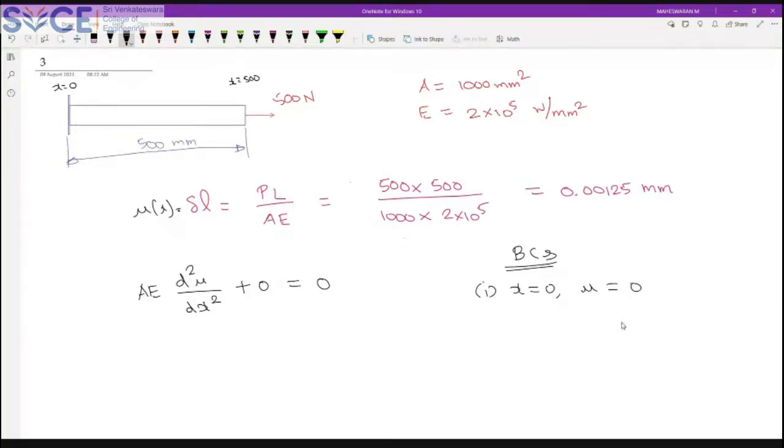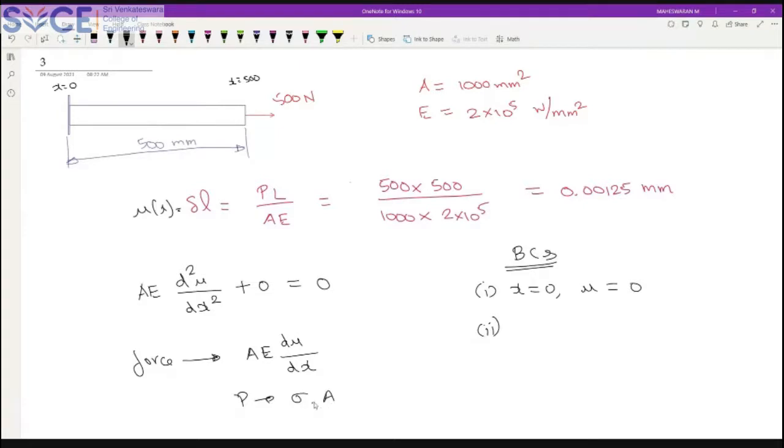So in order to apply the other boundary condition, I am shifting this u in terms of force. When I shift it, I can write the force as AE du by dx. I think we also discussed this. We know that force is stress into area.